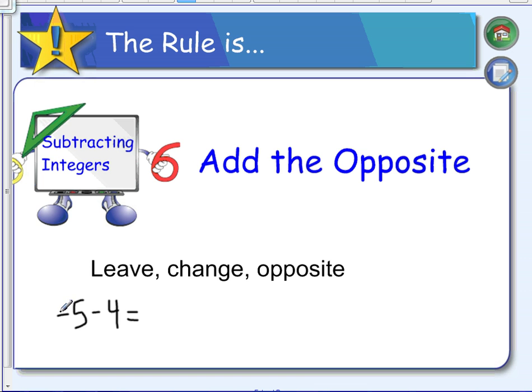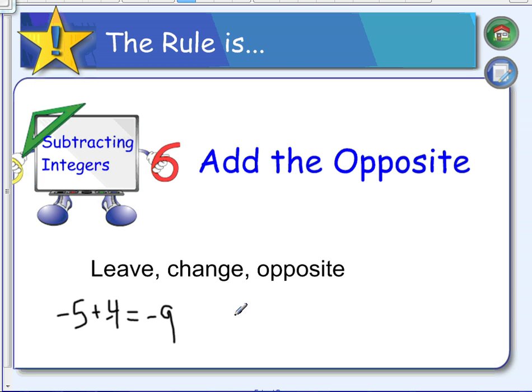Leave my first sign, change my second sign, and do the opposite of 4, which is negative 4. So now my problem becomes negative 5 plus negative 4, which would be negative 9. This is a lot easier to understand than just doing negative 5 minus 4, which can get a little confusing.